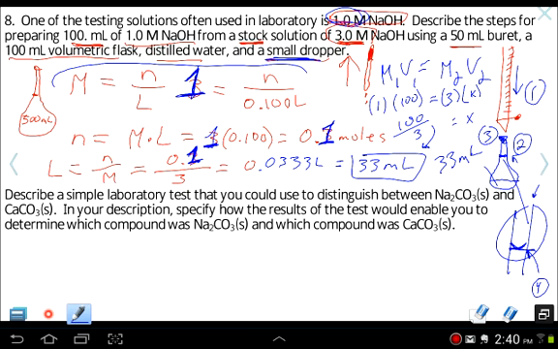And then here it says, describe a simple laboratory test that you can use to distinguish between sodium carbonate and calcium carbonate. Now this is actually a very simple problem, very simple question. If we recognize that sodium carbonate is soluble because of the sodium, but calcium carbonate is not because of the carbonate, you could say put a pinch of both into separate beakers.